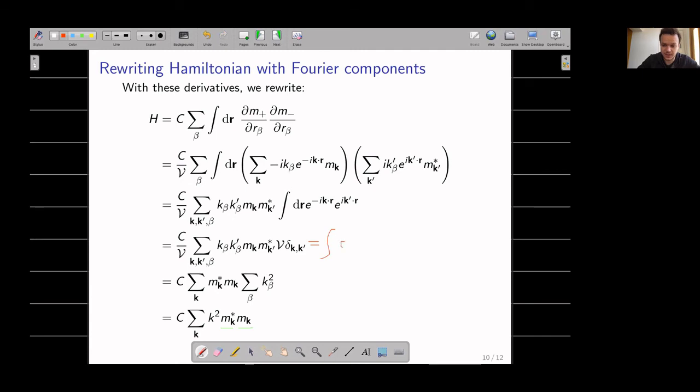So we have the integral over dr of an exponential of minus, it's just the definition of how you get the delta function. Minus, yeah, is it quite clear now? K prime.